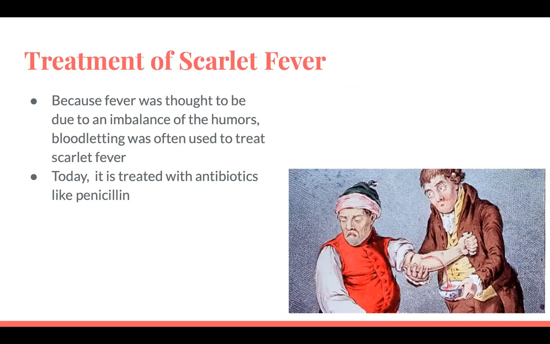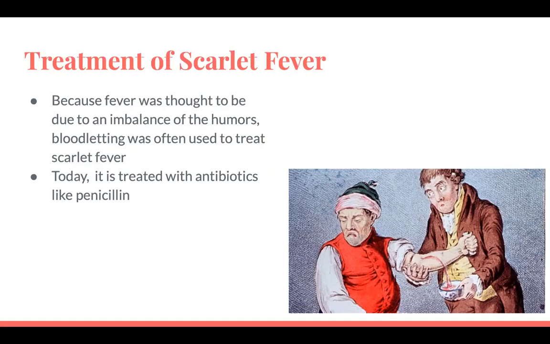If you recall, the four humors were yellow bile, black bile, phlegm, and blood. Each of these was also associated with an element and a description, like blood being associated with air and being wet and hot. Fever was thought to be due to an imbalance in the humor of blood and therefore was often treated with bloodletting. Doctors often removed lancets from their bag and would bleed a patient until, and I quote, also a quote by Dr. Williams Pot DeWeese, "a paleness of the lips and cheeks came on, eventually resulting in syncope."